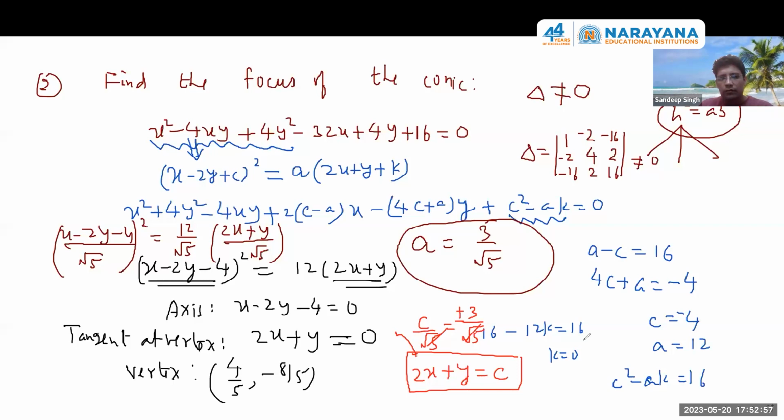Is it clear to all? Yes. Okay, so like that you can do, even if it is an ellipse, and that too a rotated, oblique conic, then you can also get its focus. Suppose this would have been an ellipse and someone asks you to get its focus, its vertices, its directrices, its latus rectum. Then what you should do for an ellipse?